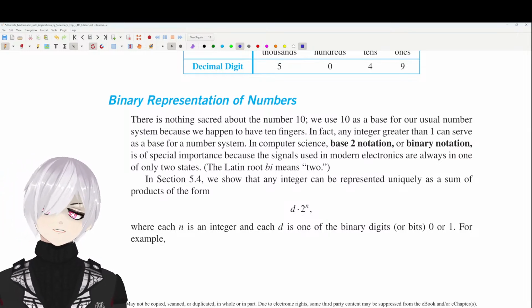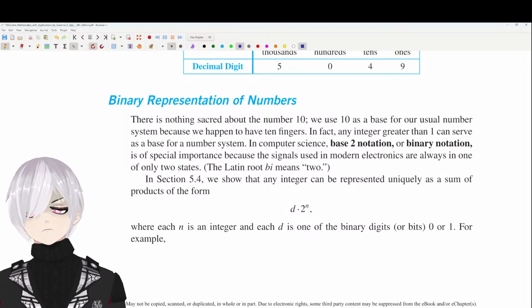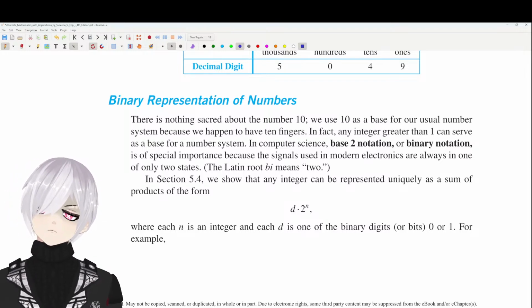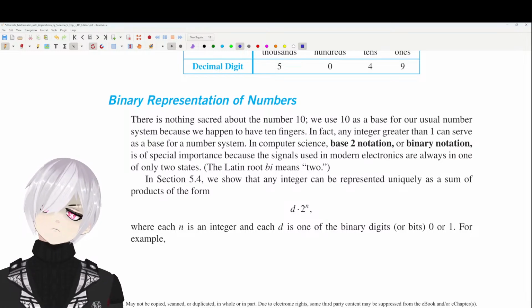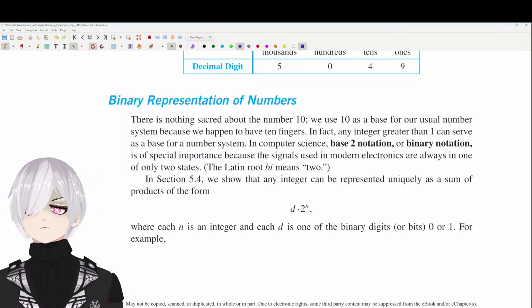Definitely. And I wonder what the formal definition of a base something system is, because if you require different powers for each place, then a base one system wouldn't be possible. But if you counted just by putting however many ones equal the number, then that could be sort of a base one system.